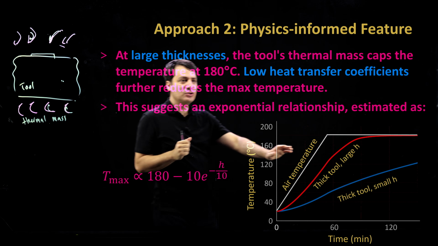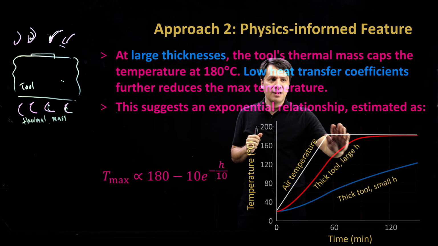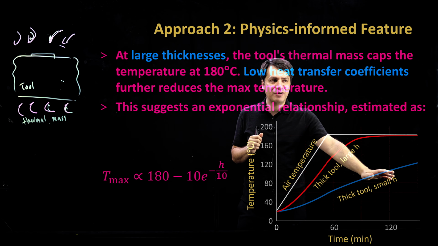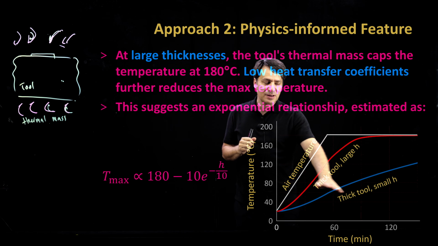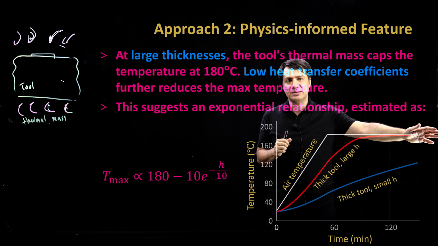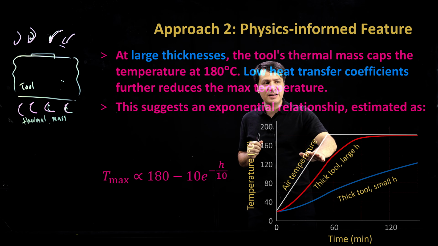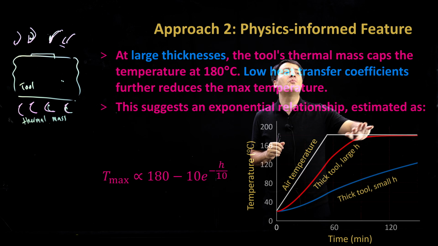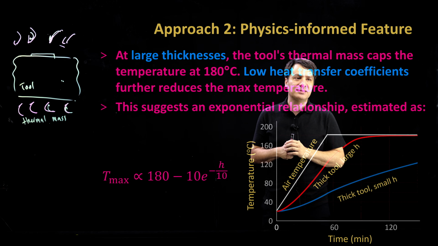So if you look at the two cases I have compared here, for an extremely thick tool, if you have very small heat transfer coefficients, you never get to the 180 C. For an extremely thick tool where you have very good airflow, you might eventually get to 180 C.